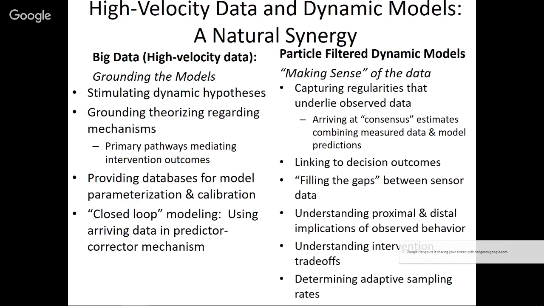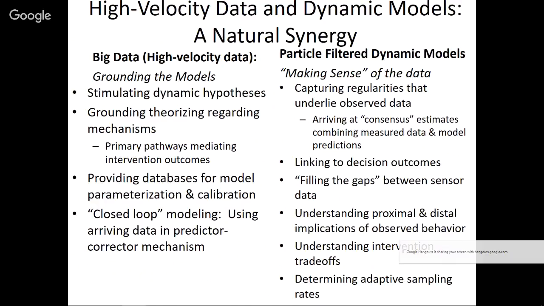But the models taking advantage of the high velocity features of big data, the fact that we often have data coming in on a very frequent basis compared to traditional data sources, to where the particle filter model gives us a sense of the current situation in the system, what's going on in the underlying system that's giving rise to this data. It allows us to project forward where the situation might go, and to ask about the impacts of possible interventions.